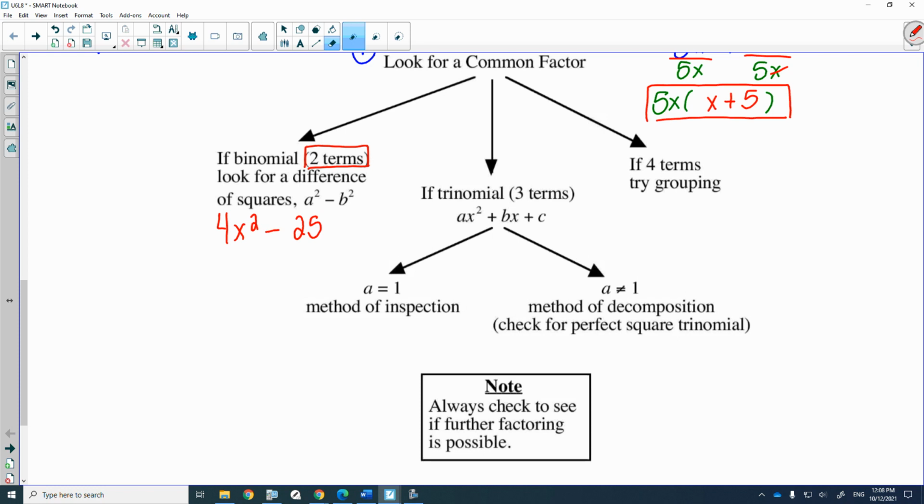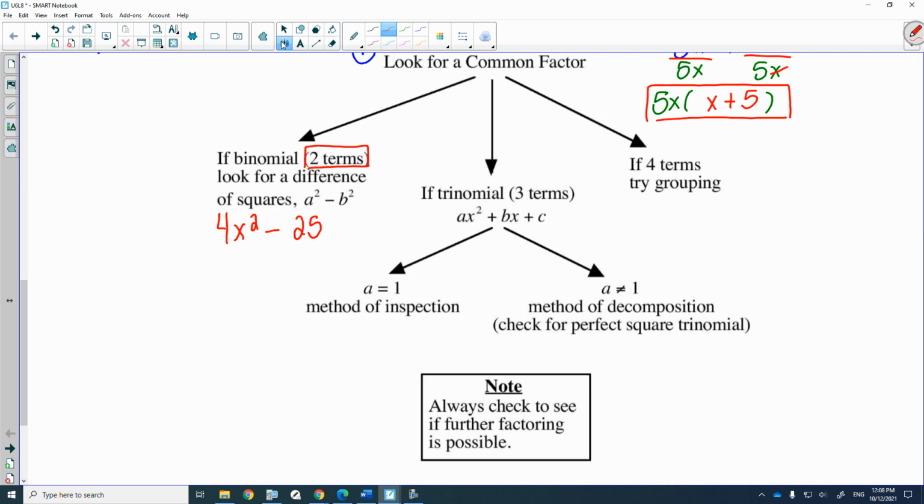So first thing again, don't just assume it's a difference of squares. This is going to be a difference of squares, but say to yourself, can I take out a GCF? So is there a greatest common factor between a 4 and a 25? There's not. So then you say, okay, two terms separated by a minus, that was called a difference of squares.